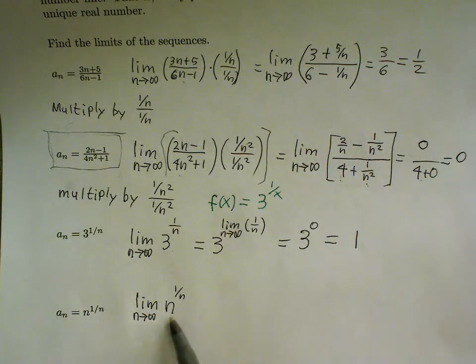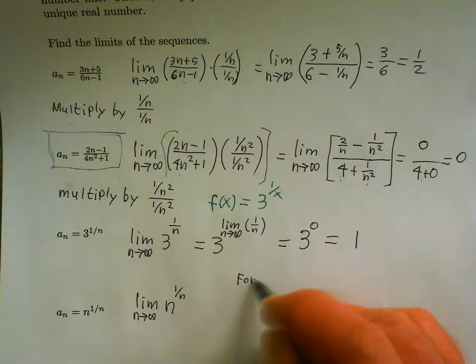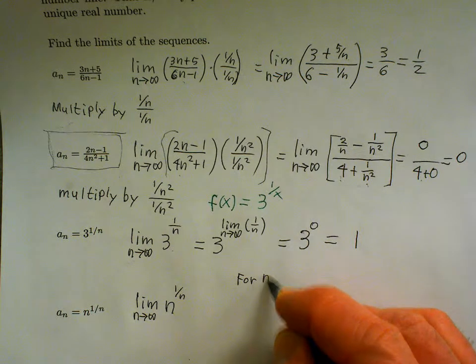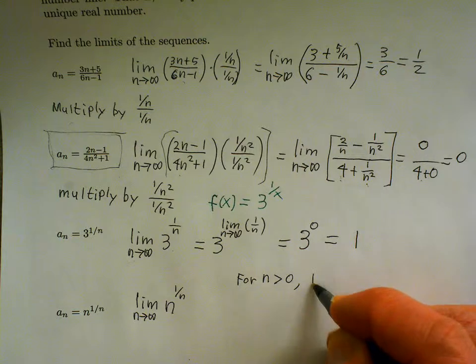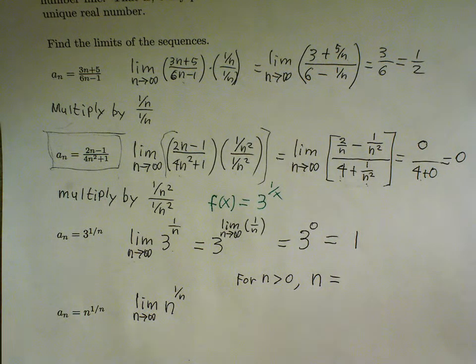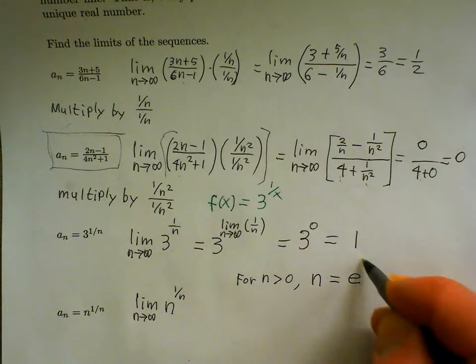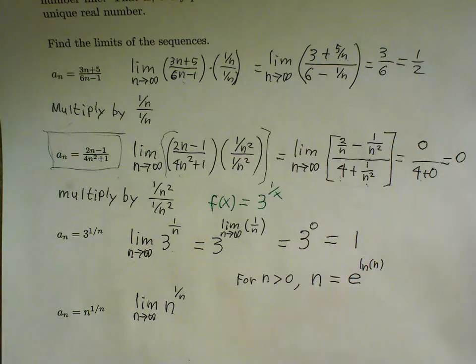Okay, well, we're assuming n is positive. So n just represents a positive integer, but more generally, for n greater than 0, n is equal to e to the natural log of n, just using a property of exponents.